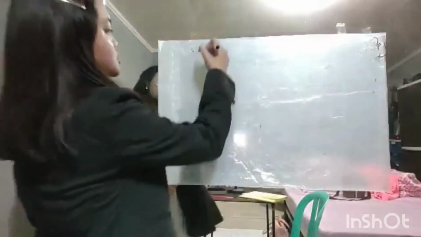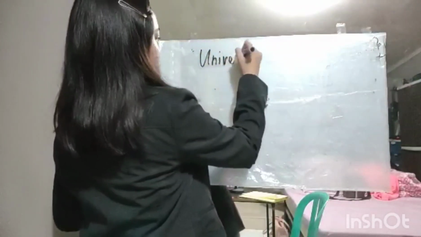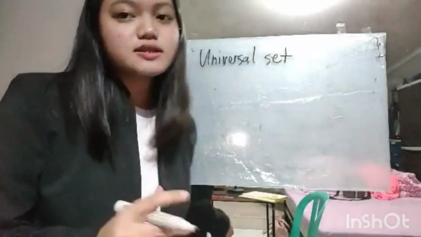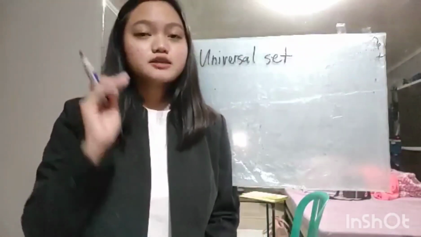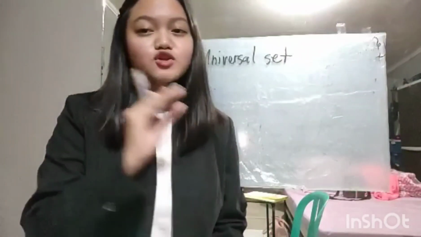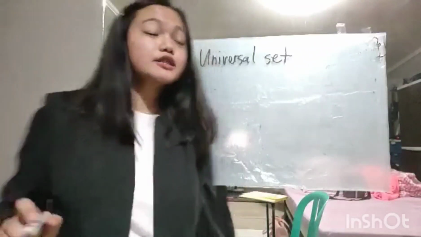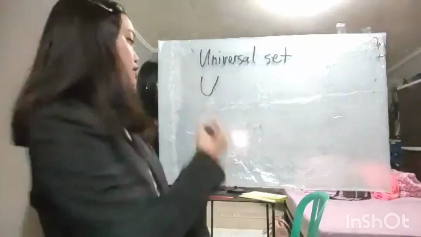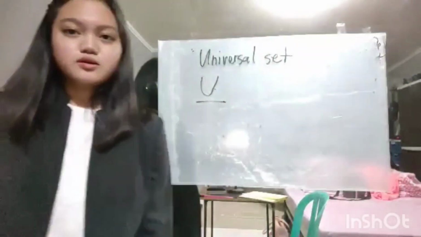So what is a universal set? A universal set is a particular type of set, and the theory assumes that it covers all the set members in the universe. It is represented by the letter U, or this symbol.